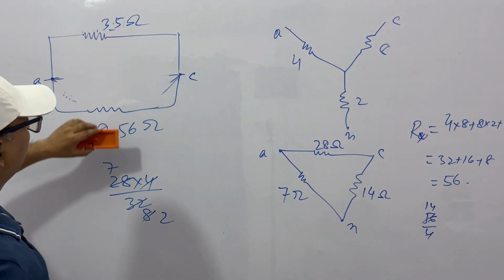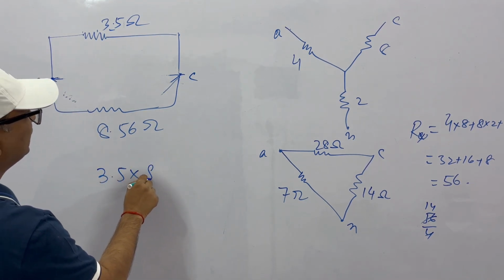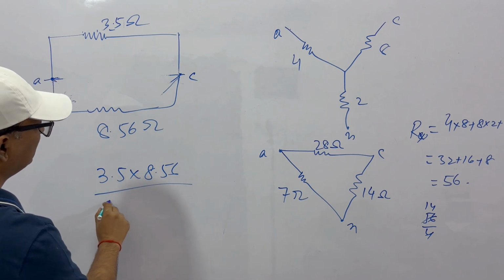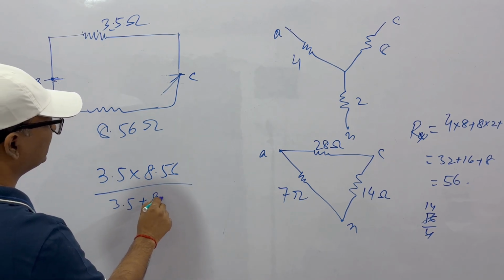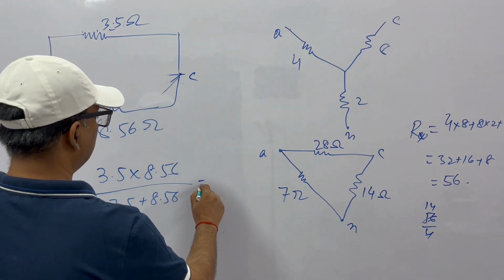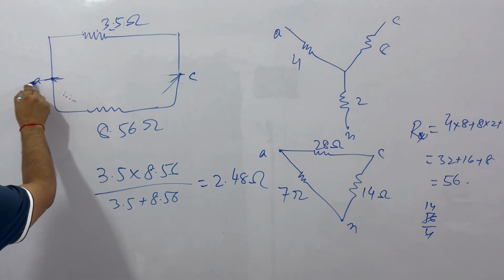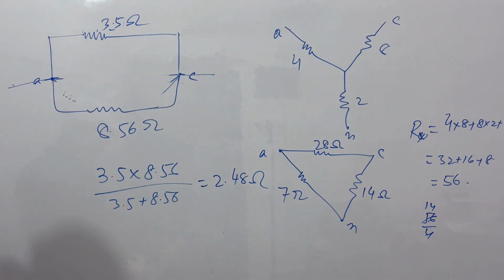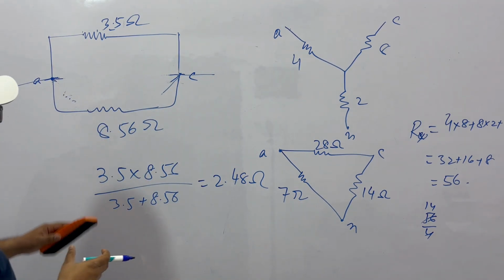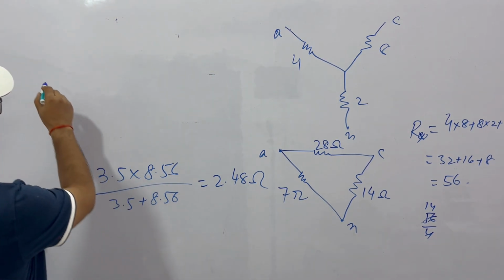Now we have 3.5 and 8.56. So this will be 3.5 into 8.56 by 3.5 plus 8.56. Let's calculate this. So this comes to 2.48 ohms. So if these two are the nodes, it can be replaced by a single resistor of 2.48 ohms.